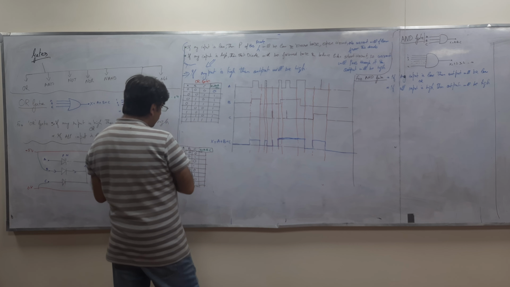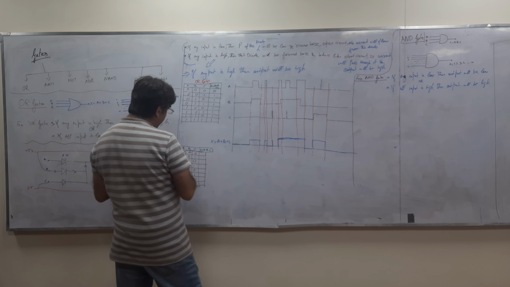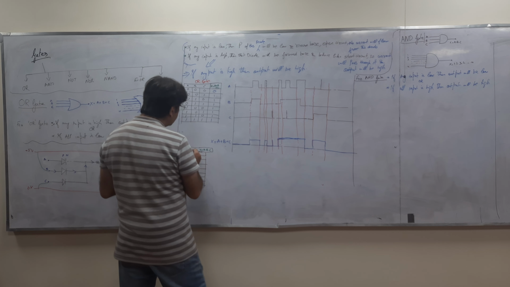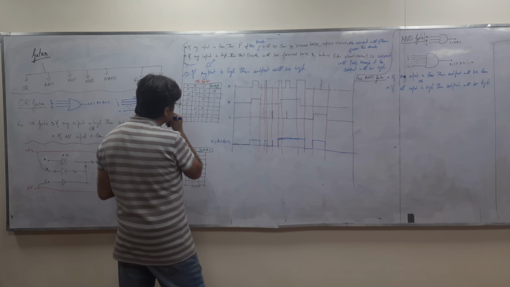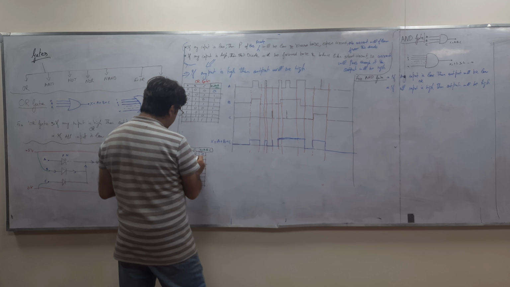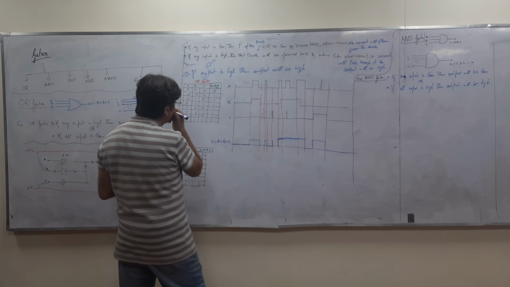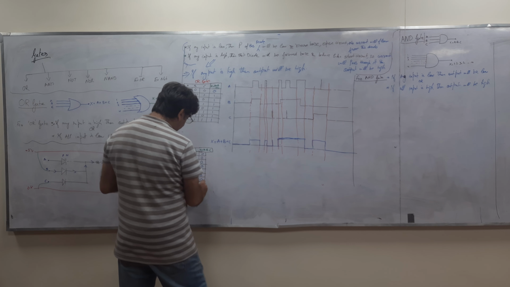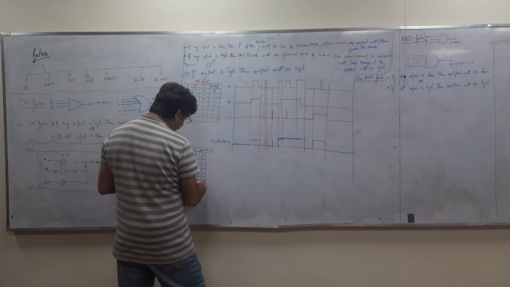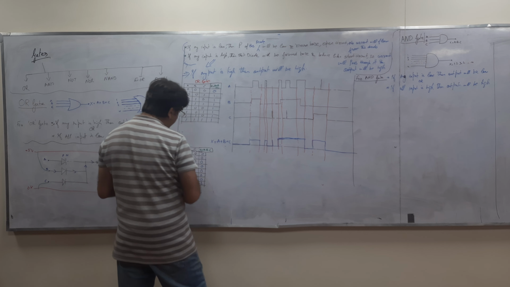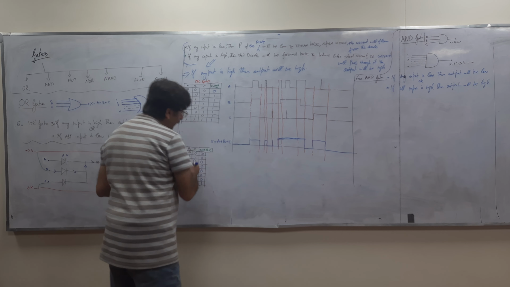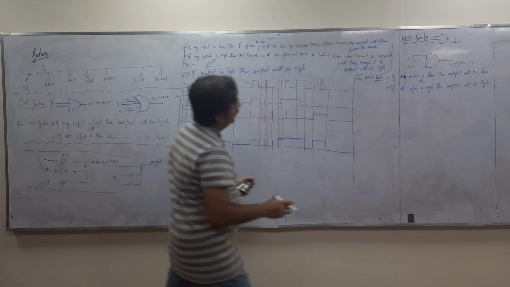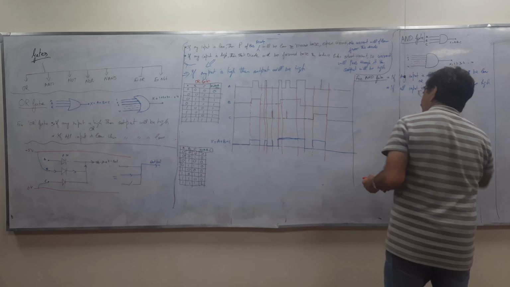What will be the output? If any input is low, then the output will be low. That means it will be a 0 if any input is low. But it will be high only when all inputs are 1, as I have already explained. If all inputs are high, then the output will be high.